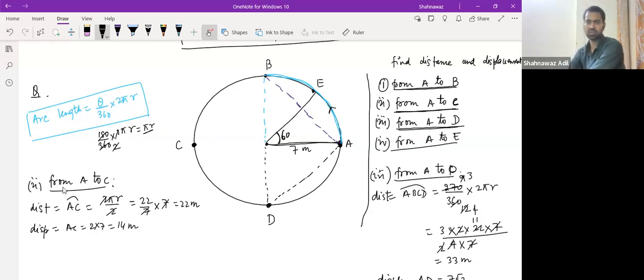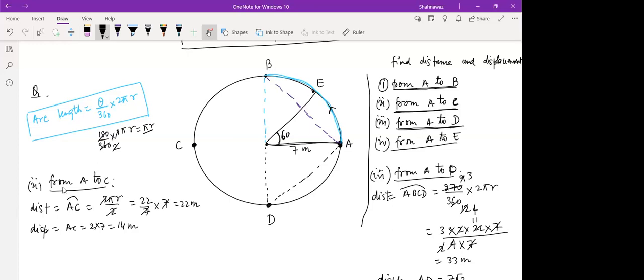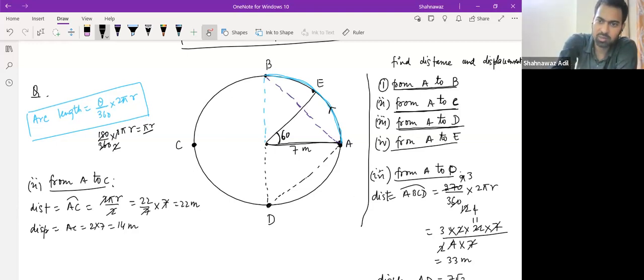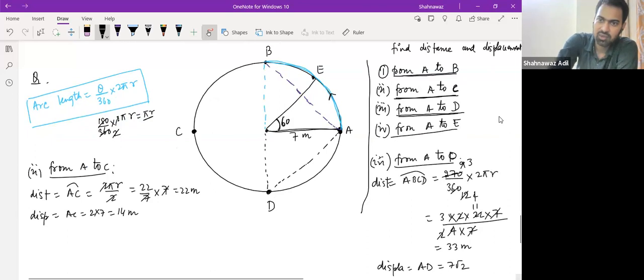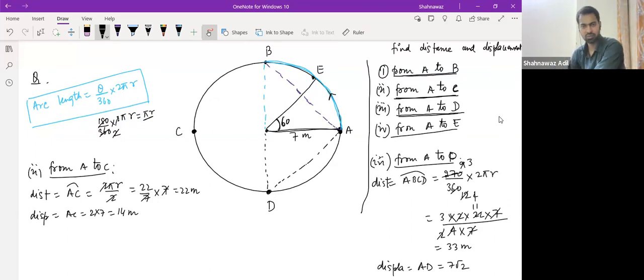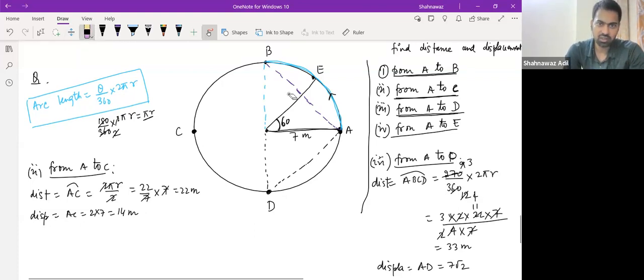Yes, Rishita, did you note down this part? Yes, sir. Okay. So please note down this third part and then we will do the fourth question. So for the fourth question, let me erase this part.